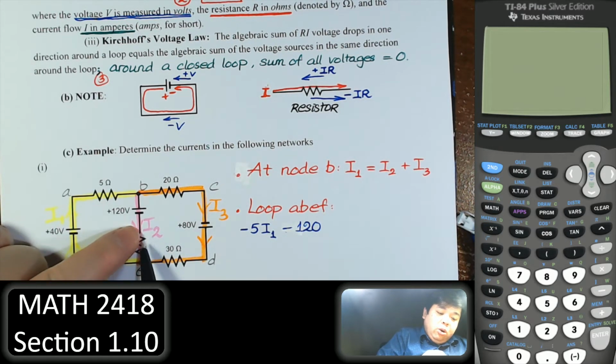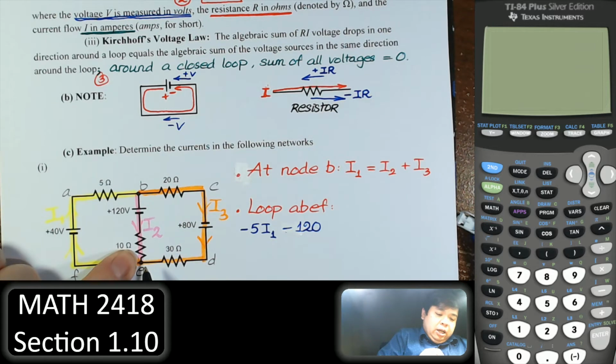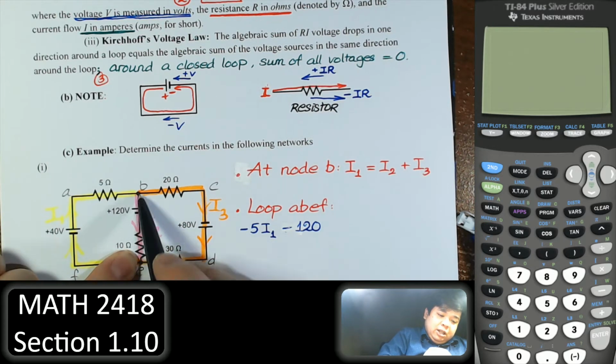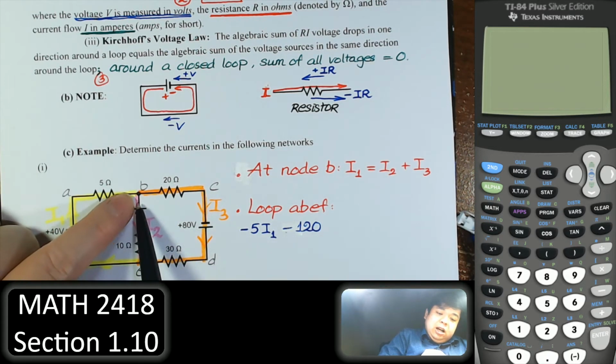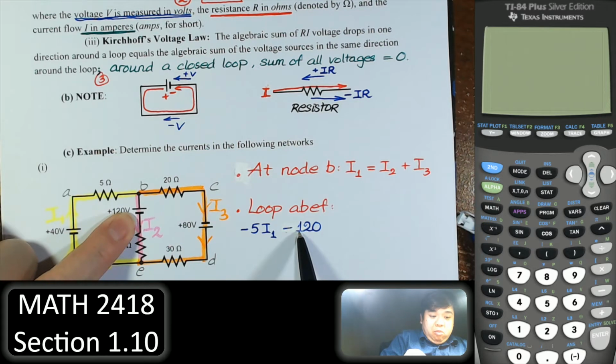And then we go to I2. Is that the same with the current? Yes, if we want to go around the loop A, B, E, F, we go in that direction, against the power source, minus 120.